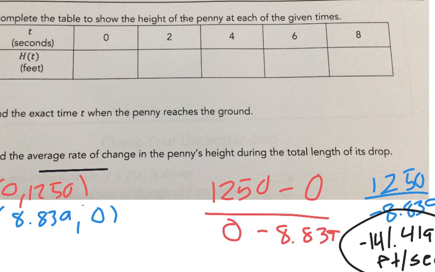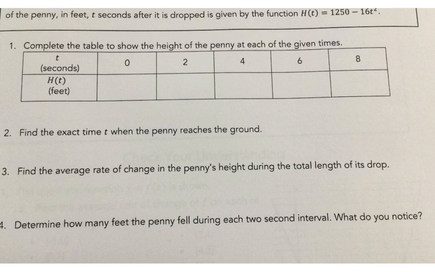Now 4 says, determine how many feet the penny fell during each 2-second interval. So we're looking over equal intervals. Remember, I made you put a star over that equal intervals in the x, or over the domain. If it's linear, we should have equal intervals over the range as well. Well, we kind of know it's not linear because we've already graphed it, right? But let's look at the intervals here for a second.